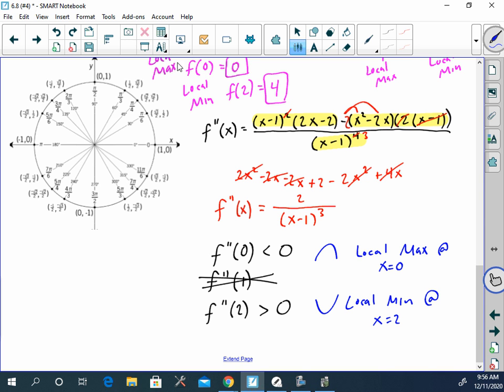Isn't that what we found up here? We're just finding it 2 different ways, okay? We should get the exact same answers as what we had up here. So what's the value? We find f of 0, which we already know because we did it, and f of 2, which we already know because we did it, okay? But do you see how there's 2 different ways to go about these?